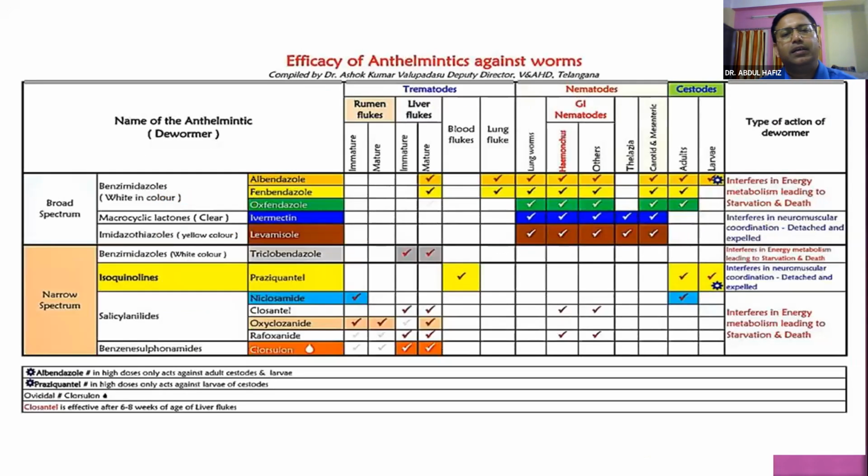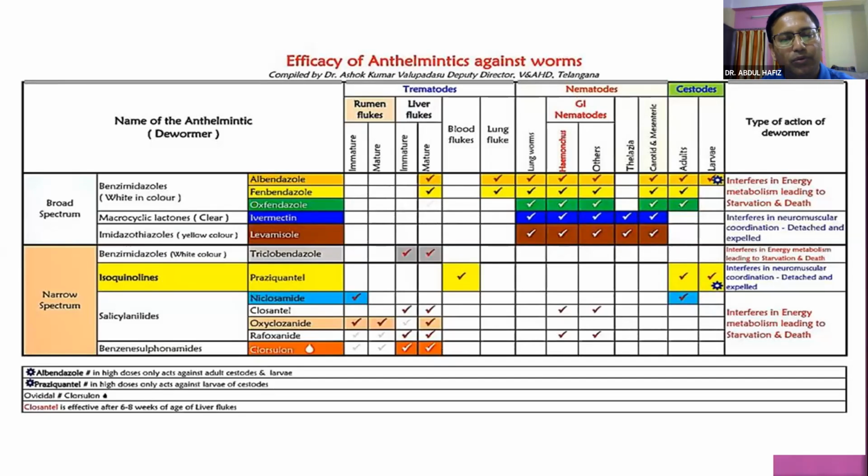These are the commonly available anthelmintics, broad spectrum and narrow spectrum. Here I am showing albendazole, fenbendazole, oxfendazole, ivermectin and levamisole; these are broad spectrum. Narrow spectrum are triclabendazole, praziquantel, niclosamide, closantel, oxyclozanide, rafoxanide and others.